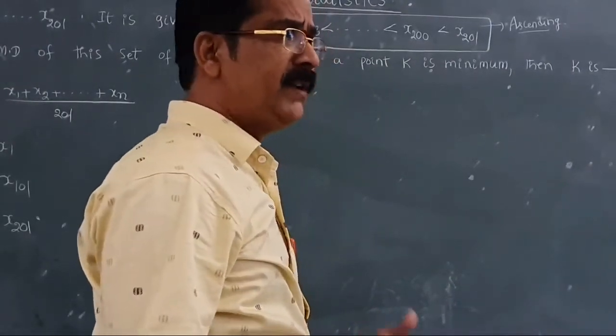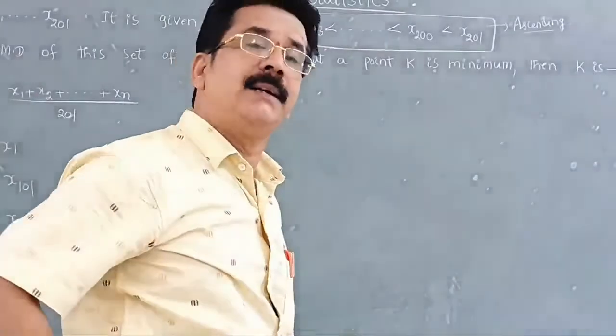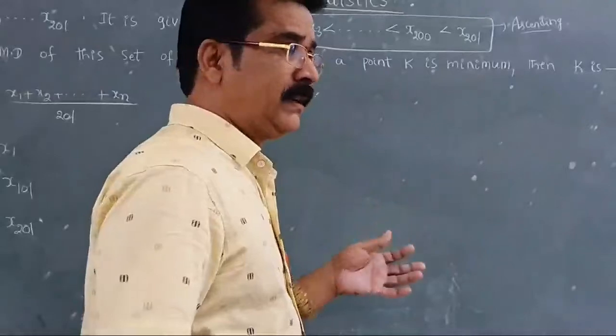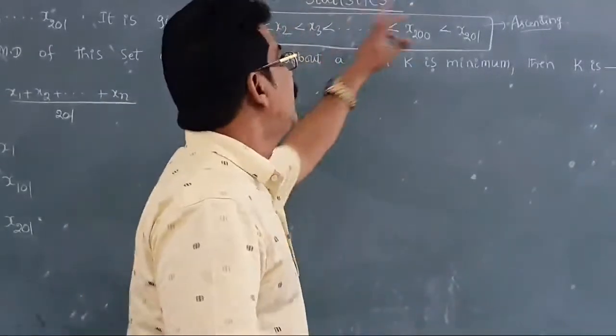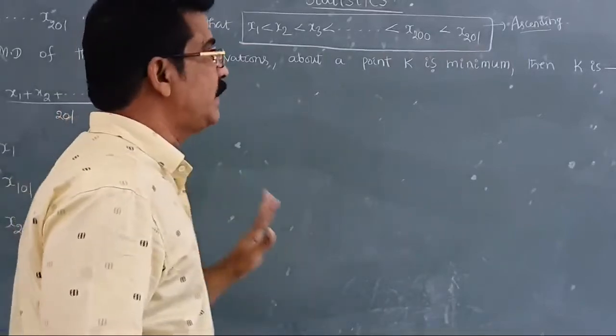Actually, when we are going to find the median for ungrouped data, the data must be in ascending order. Understand? This is the right procedure. That's why already he put all the 201 observations in ascending order.